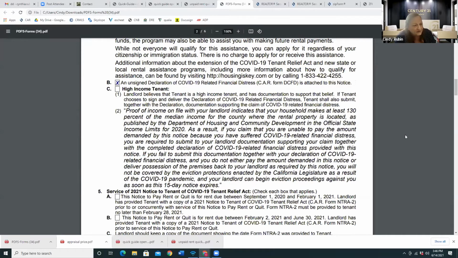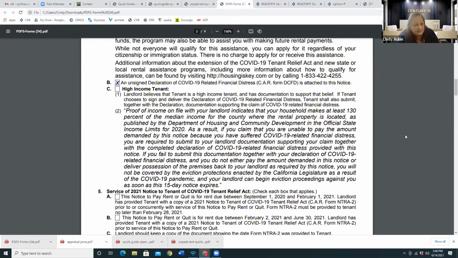Proof of income on file with your landlord indicates that your household makes at least 130% of the median income for the county where the rental property is located, as published by the Department of Housing and Community Development. As a result, if you claim that you are unable to pay the amount demanded by this notice because you have suffered COVID-19 related financial distress, you are required to submit to your landlord documentation supporting your claim with the completed declaration.